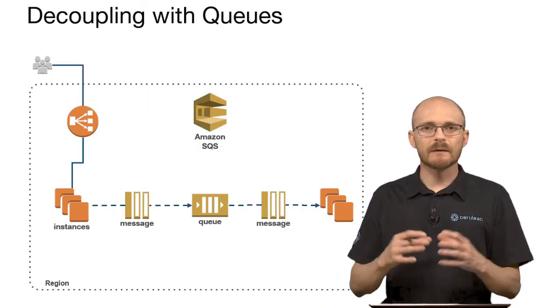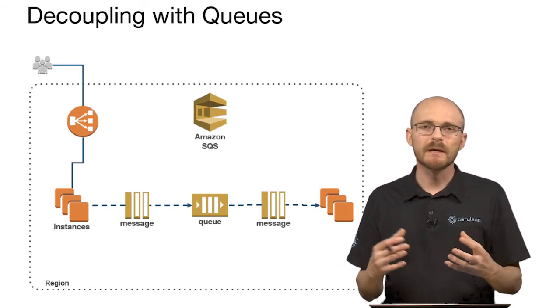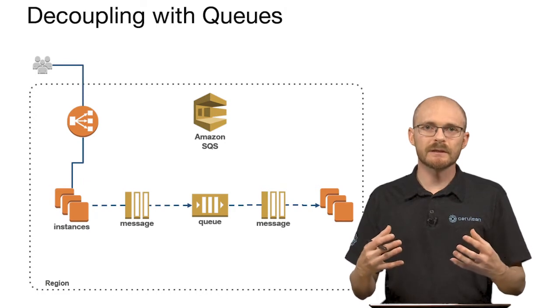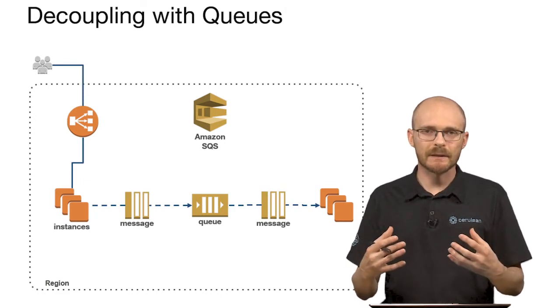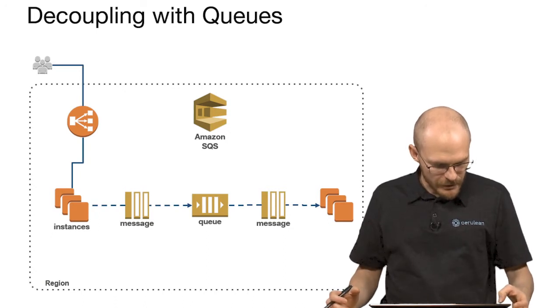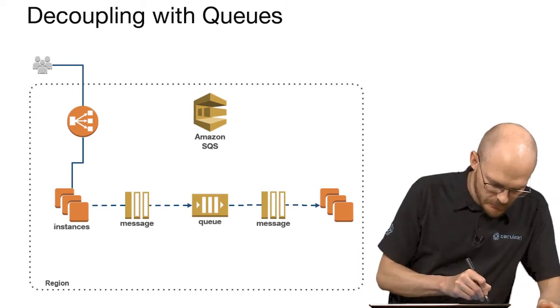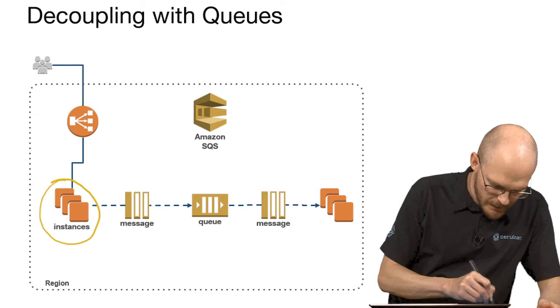And so the idea with a queue, I'm sure many of us are familiar with queues, some of us may not be, but in terms of queues and how they can benefit our applications, with this diagram, you can see here that we have some type of an application running on EC2 instances, and those are behind a load balancer.